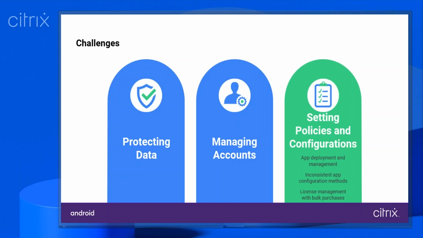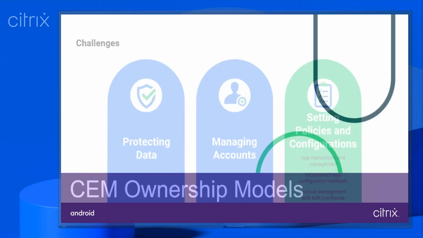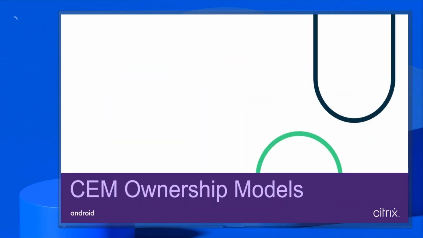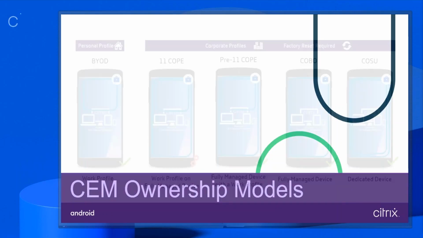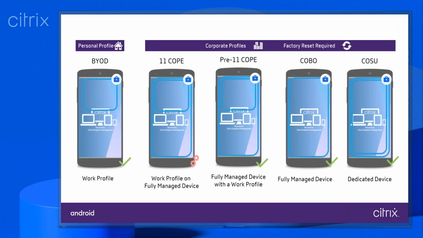Thank you, Mirko. As you already mentioned, Citrix Endpoint Management provides the tools to make that transition even smoother to the new Android Enterprise management models. To get some insights on this, you need to know which models we support, and especially now with Android 11 being available, which management modes are supported.